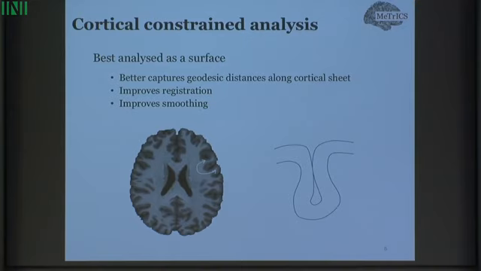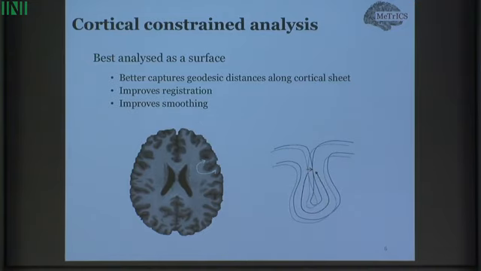So this has significant implications, for example, for image registration. If we had a very small misregistration in the cortex, represented perhaps by a small shift causing 2 different banks of the sulcus to overlap across subjects, then you can imagine that 2 completely different functional regions will be compared as the same thing in downstream analysis.